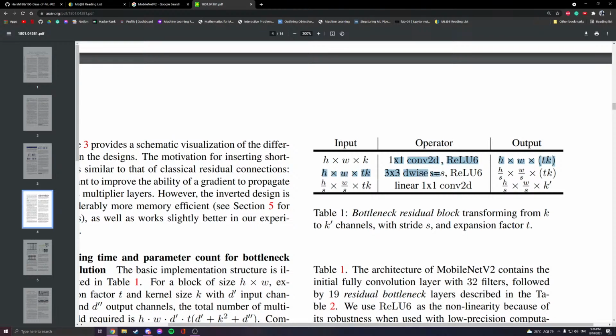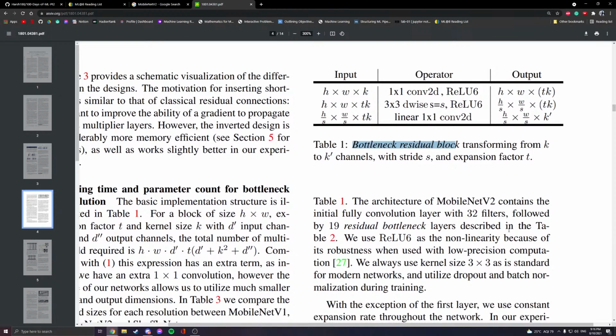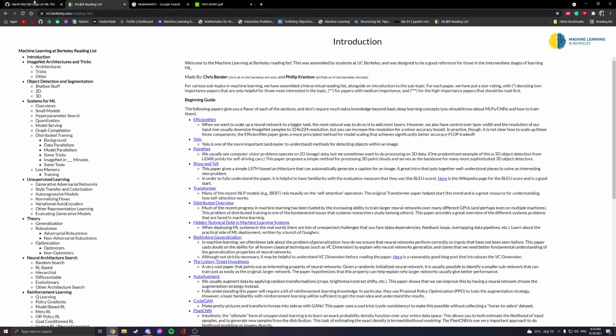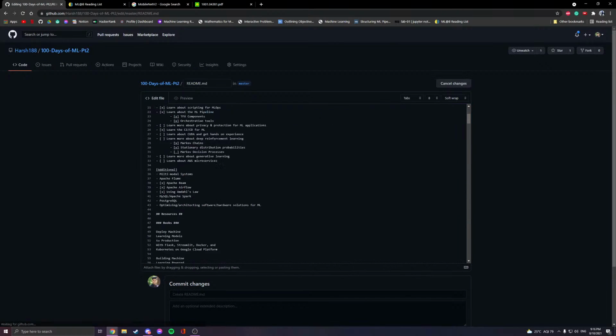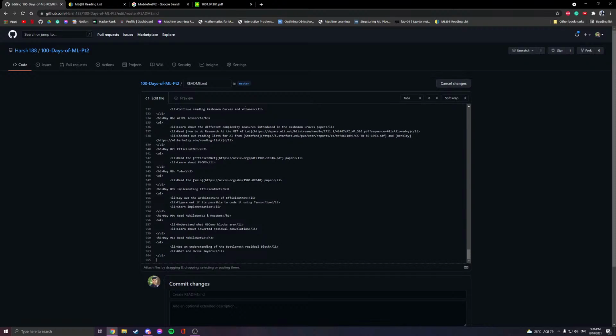If I can implement this architecture, I could essentially replicate the bottleneck residual block, and this leads to the MBConv block, which is implemented in EfficientNet. So what I'll try to do tomorrow is try to implement EfficientNet once again with the understanding of what these MB blocks are.